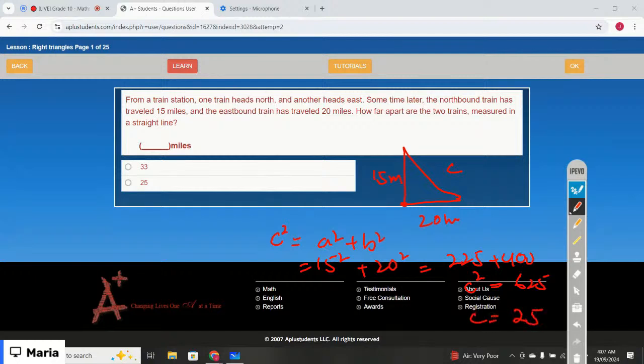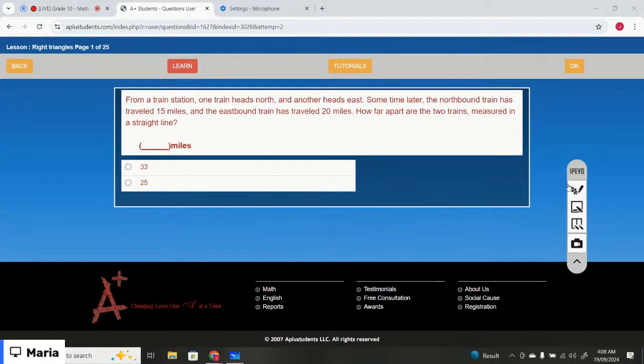So the correct option is 25. Option number 2 is the correct option, right?